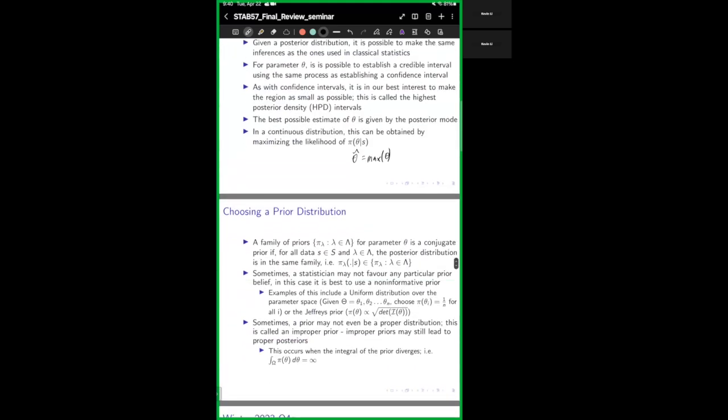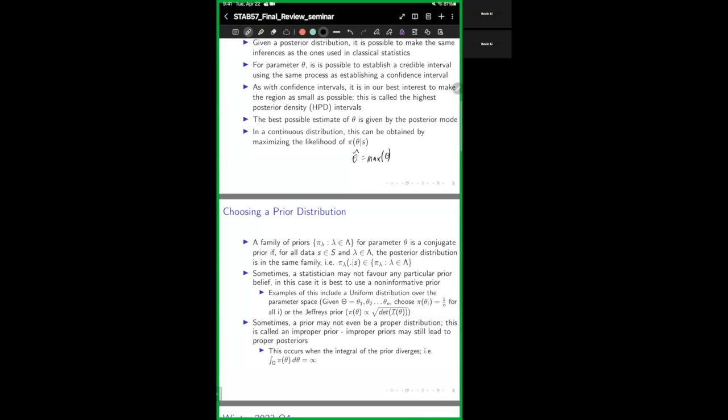Choosing a prior distribution. A family of priors pi lambda, where lambda is in big Lambda, which is a collection of possible priors for parameter theta, is a conjugate prior if for all data S and lambda priors, the posterior distribution is in the same family, i.e. the pi lambda given S is still in the same family as pi lambda.